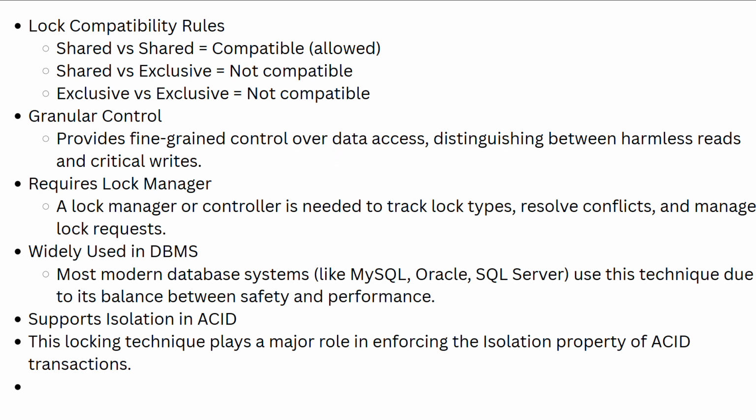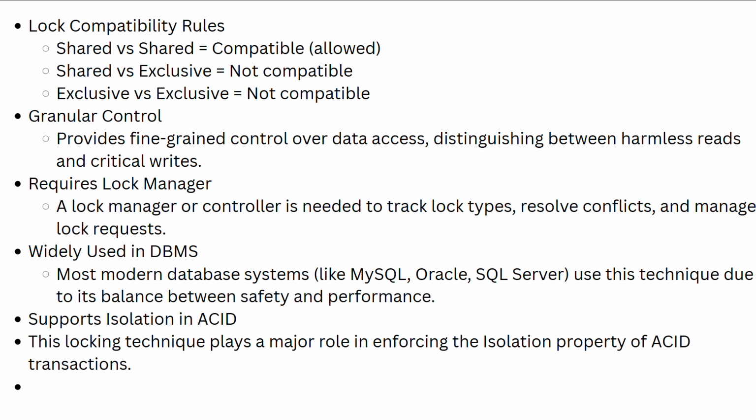And the next point is requires lock manager. A lock manager or controller is needed to track lock types, resolve conflicts, and manage lock requests. The next point is widely used in DBMS. Most modern database systems like MySQL, Oracle, SQL Server use this technique due to its balance between safety and performance.